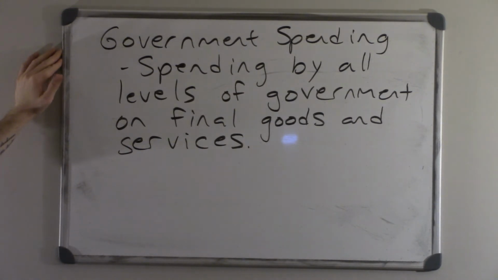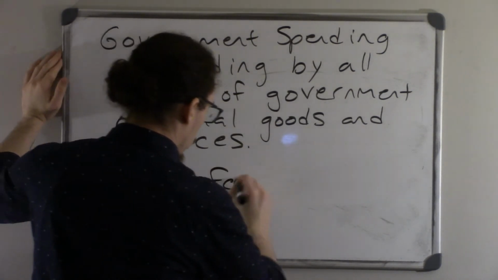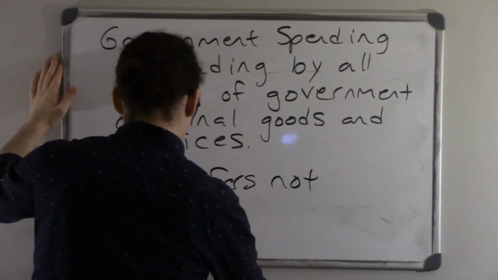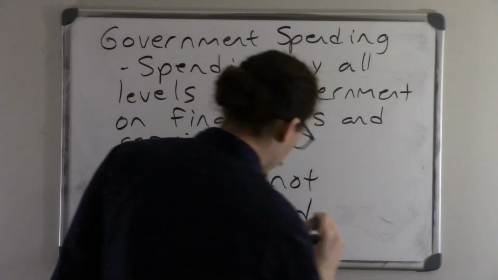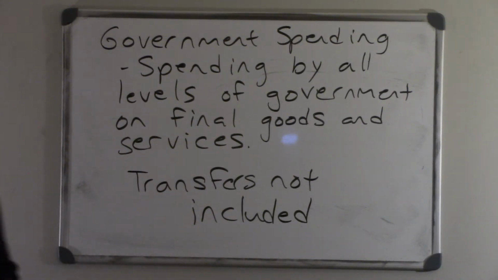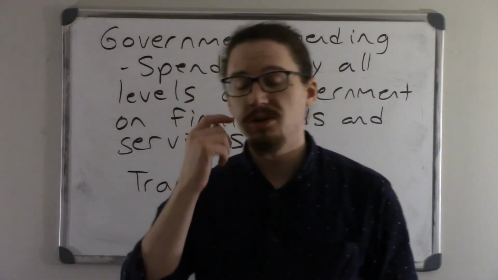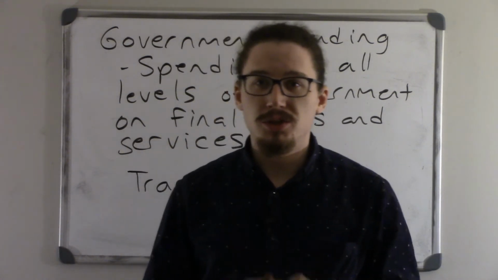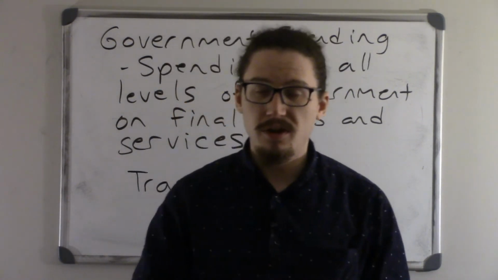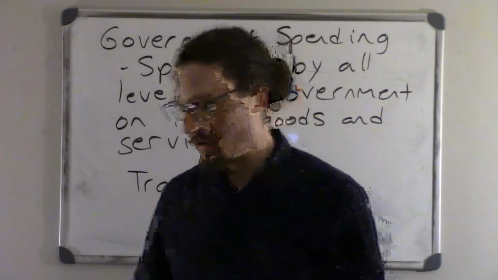So any good or service that they spend money on is going to go into government spending. It's going to go into GDP. Once again, one thing that is not included is transfers. Transfers are not included in government spending, as we're going to discuss in a future video, a future chapter. One of the major sources of government spending, at least on the face, are transfer programs, namely Social Security.